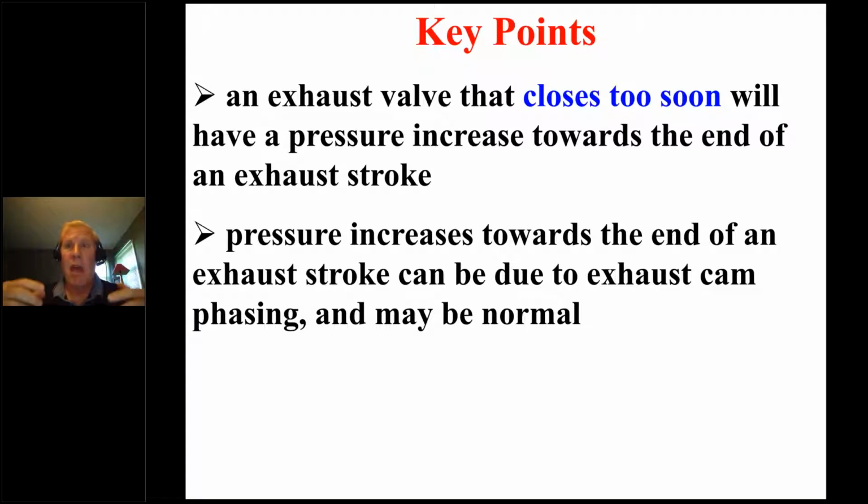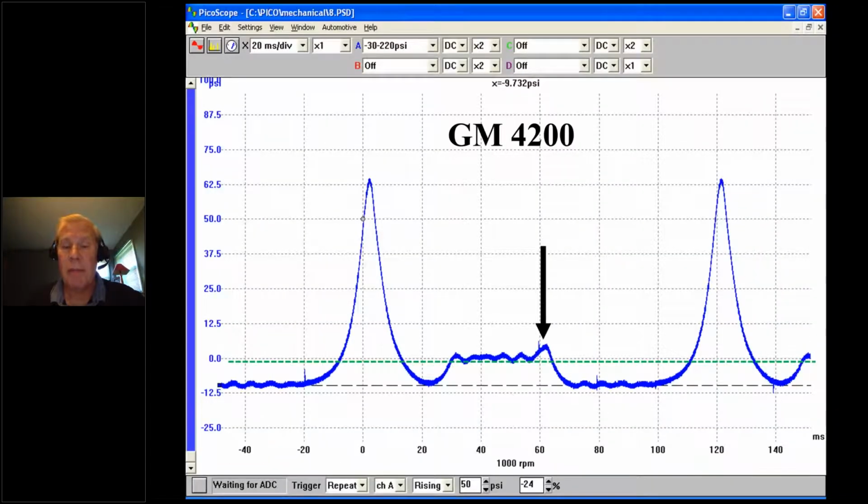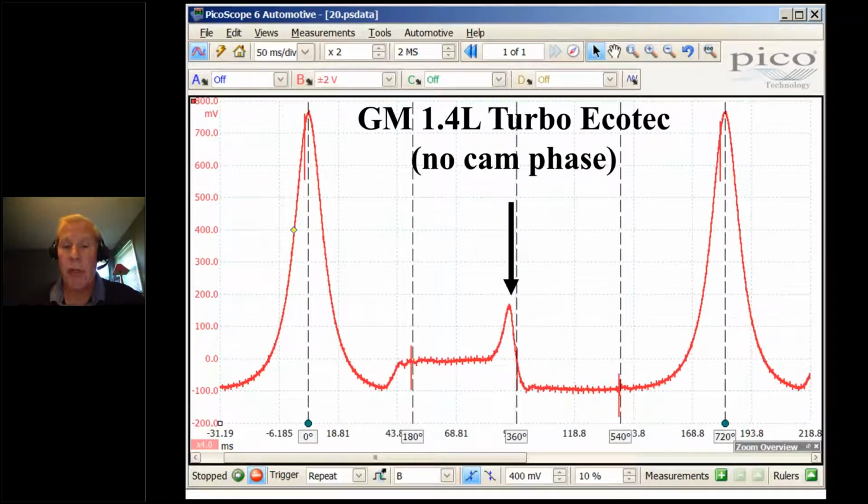Now, if I have cam phasing on the exhaust cam, and of course we would know what's in front of us, that's probably going to be normal. But if I don't have cam phasing and I see that pressure pulse, that's probably not going to be normal. So if I were to summarize very quickly, typically this is what an exhaust stroke looks like, close to 0 PSI across the 180 degrees. If we have phasing involved, we tend to see a pressure pulse.